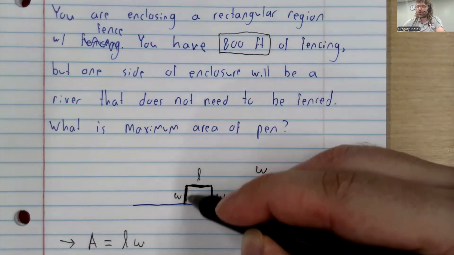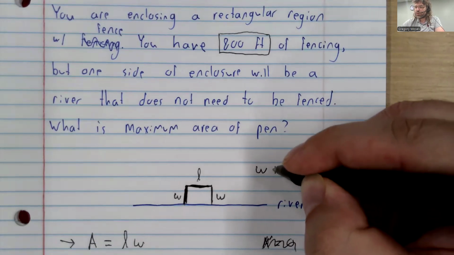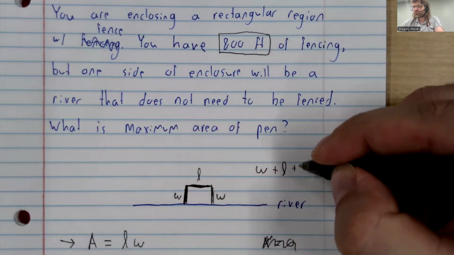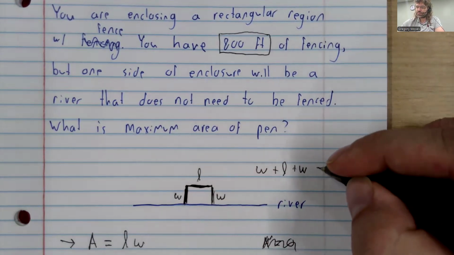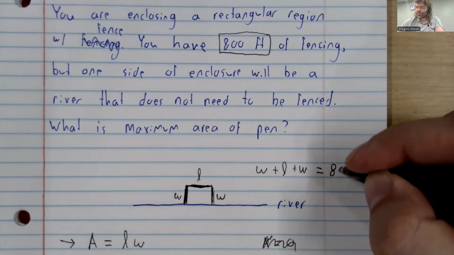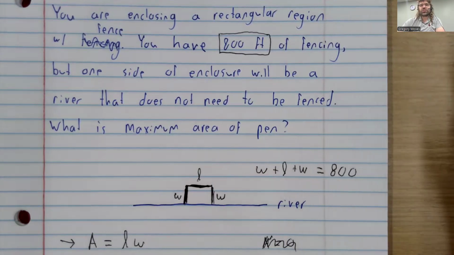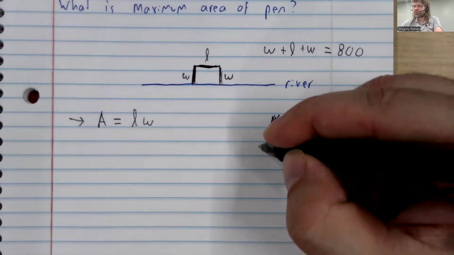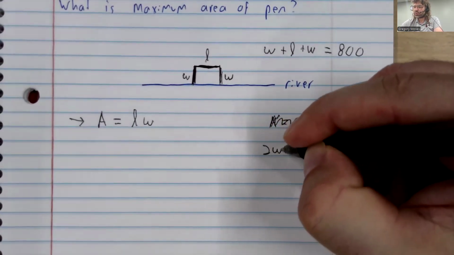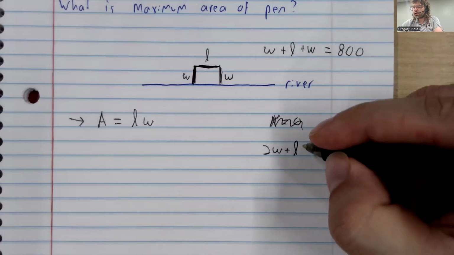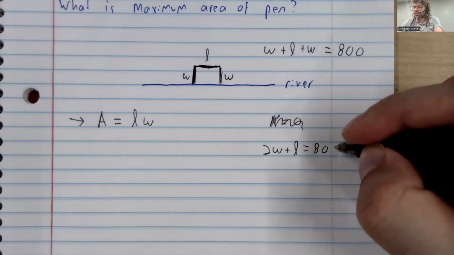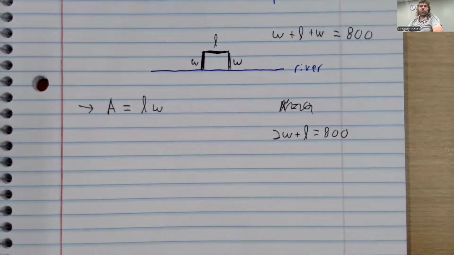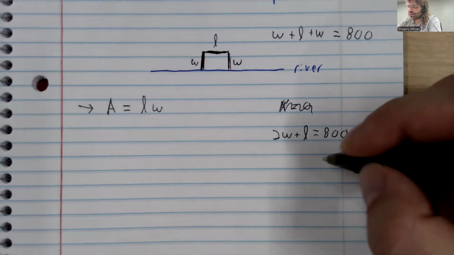Well, we need W fencing for the left side. We need L fencing for the top. We need W fencing for the right side. And this ought to be 800 feet of fencing in all. So we have the relationship 2W plus L equals 800.